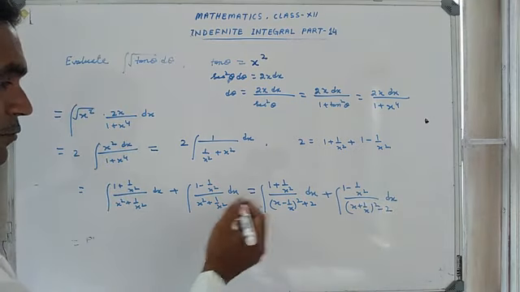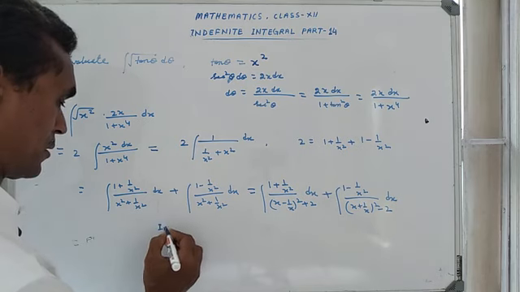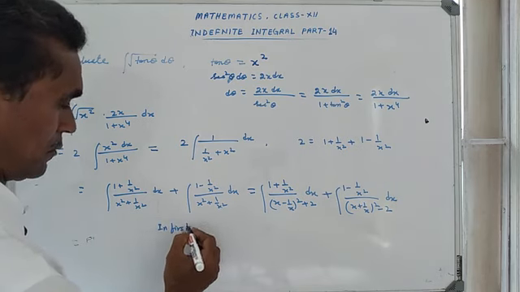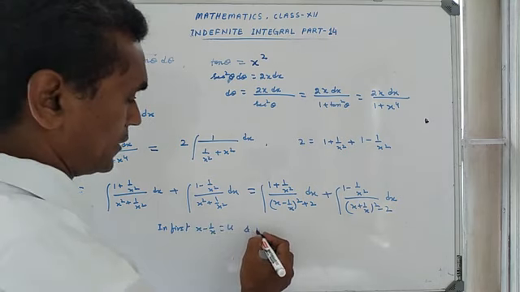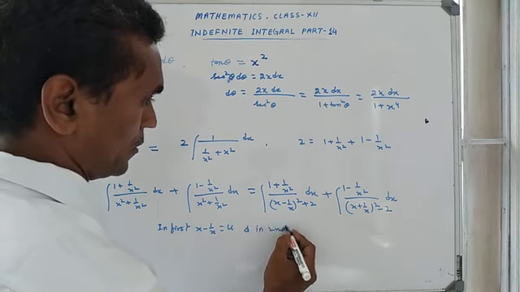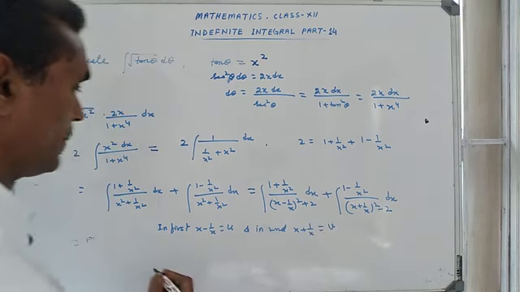So substitute in first x minus 1 by x equals to u, and in second x plus 1 by x equals to v.